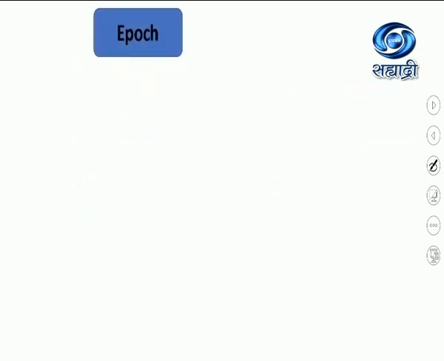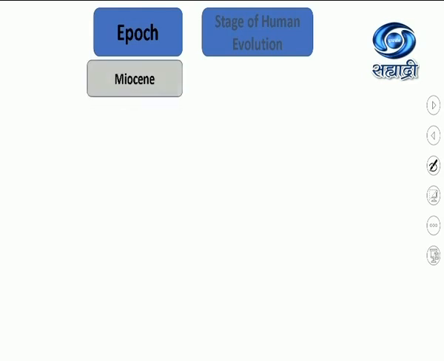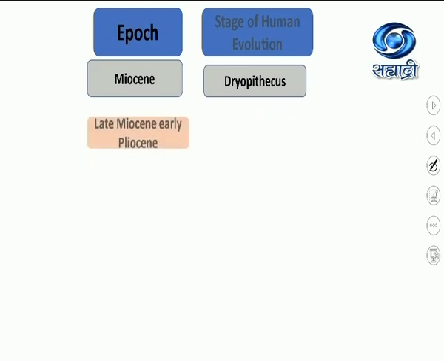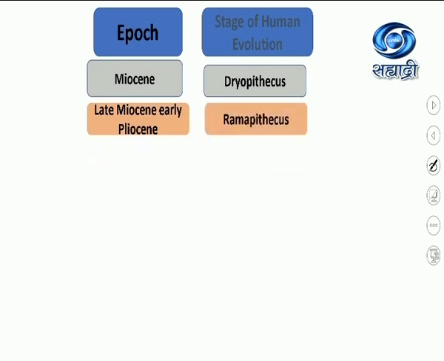Okay, so Hominidae. We will study how human evolution occurred during different epochs and during which epoch which stage of human evolution occurred. So first we are talking about the Miocene Epoch. During the Miocene Epoch, the Dryopithecus evolved. During late Miocene or early Pliocene epoch, the Ramapithecus developed.